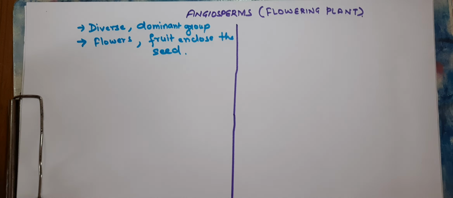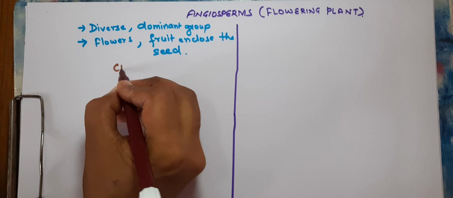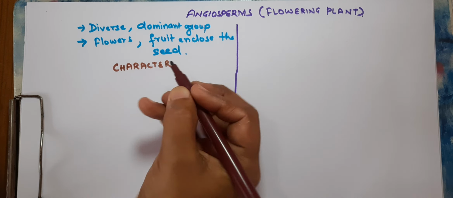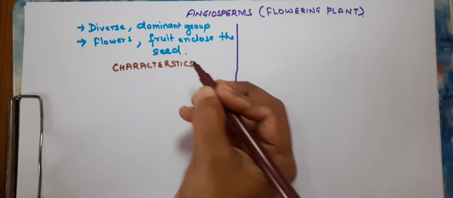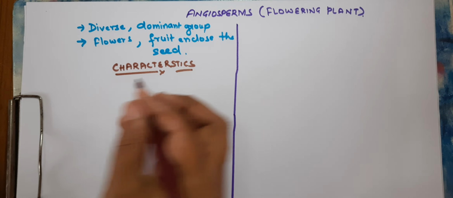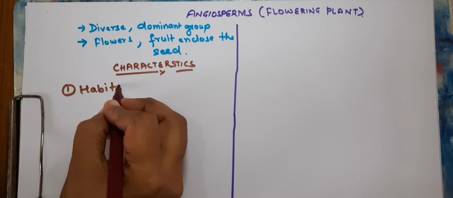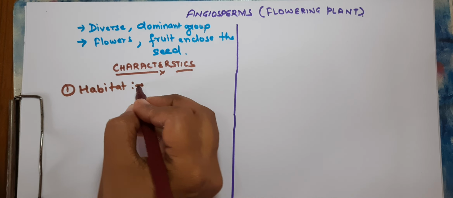So now quickly let's talk about the characteristics. The first we are going to talk about is the habitat. Students, habitat means where it is found. Predominantly, it is found in almost every habitat.